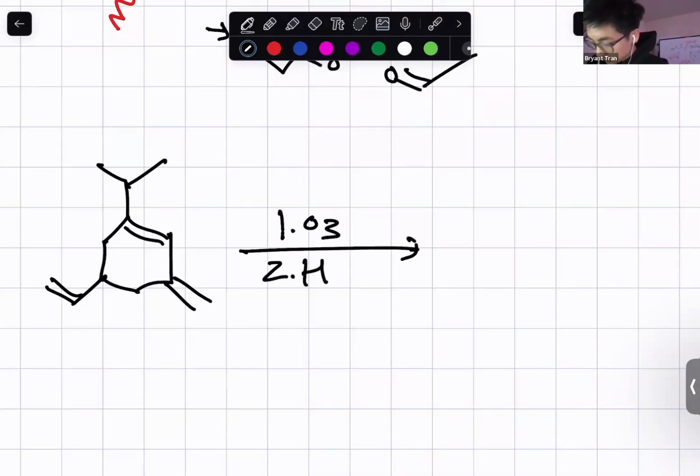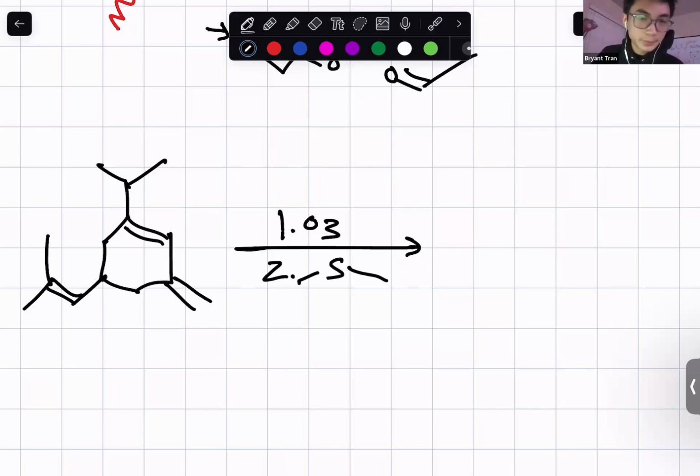First step O3, second step dimethyl sulfide. When you see multiple alkenes, you're going to cut all of the alkenes in half and put oxygen in the middle, so you're going to have multiple products here. So this would be the alkene that I want you to react with ozonolysis reagents.